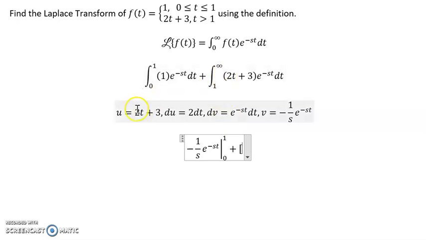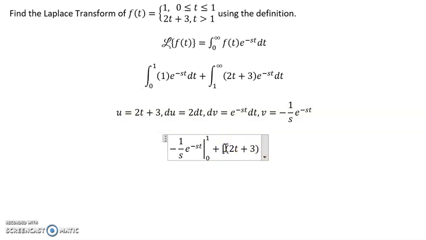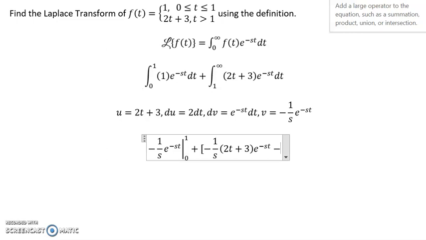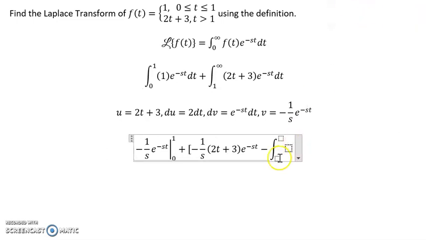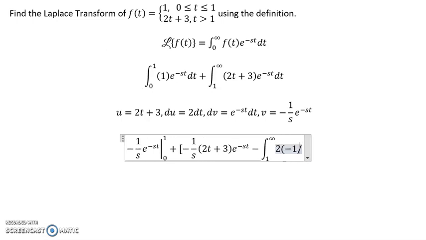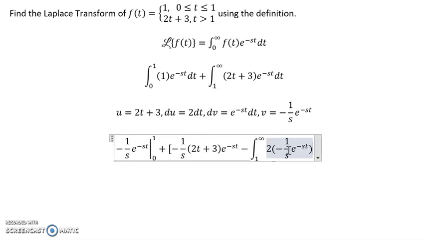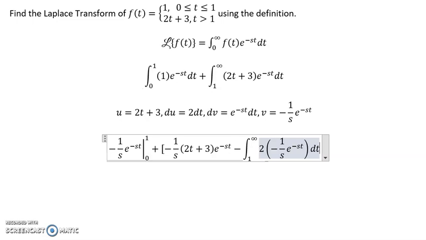Now the other piece, we're going to do uv for our product rule. So we're going to have 2t plus 3, and then put the constant out front, negative 1 over s e to the negative st from this piece right here, and then minus the integral from 1 to infinity of 2 times negative 1 over s e to the negative st dt. Right?